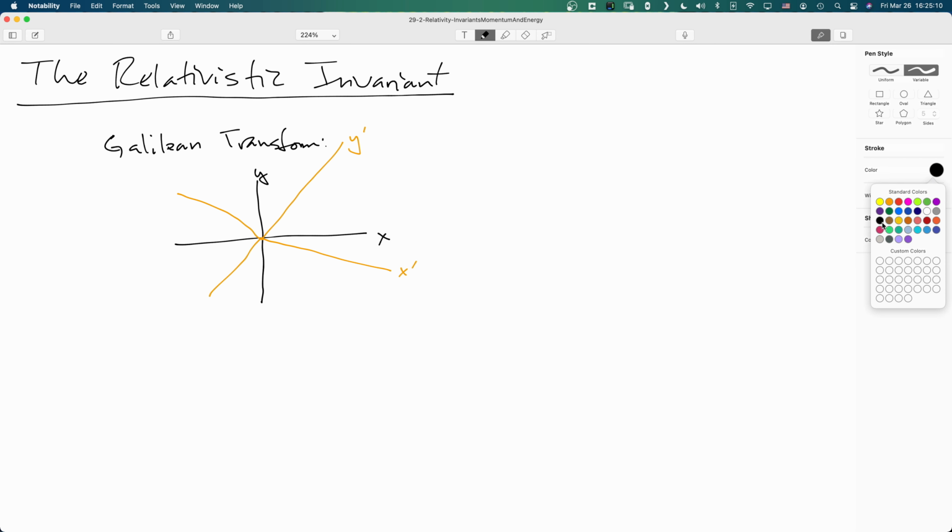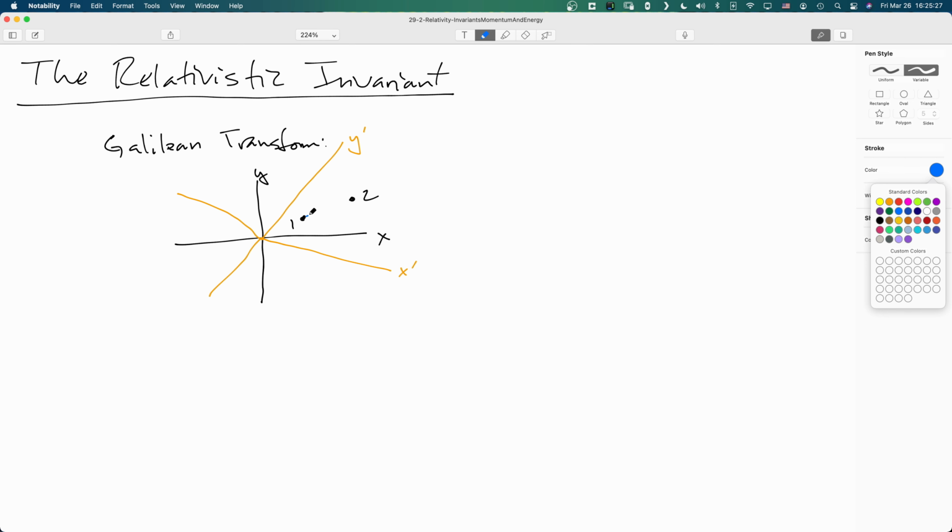If we were to measure the length of some object, what we would do in relativistic language is define two simultaneous events that occur at opposite ends of the thing that we want to measure. We'll call this event 1 and this event 2.